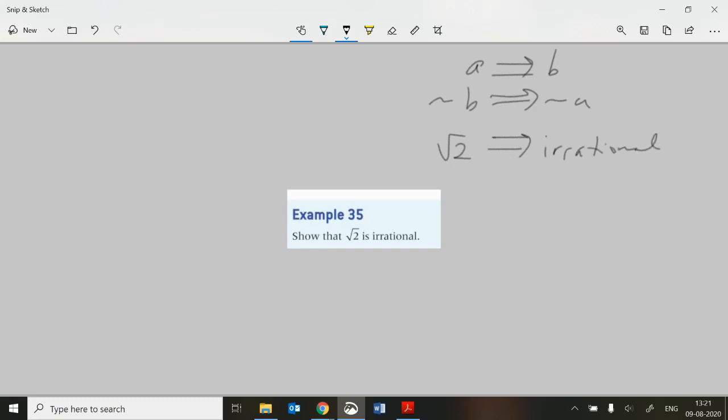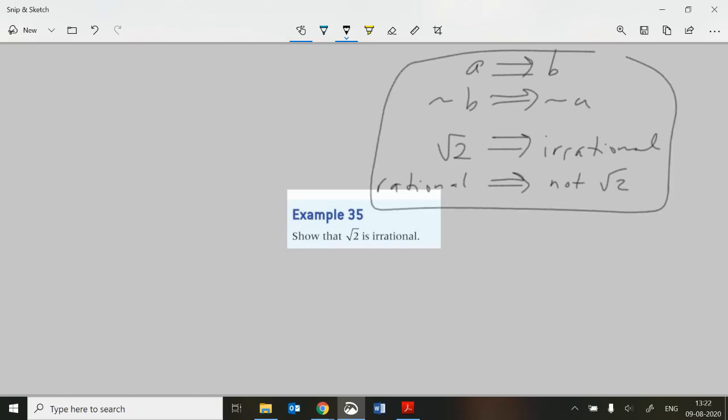And what we're going to attempt to prove is that if it is rational, if that's our assumption, then we should find out that it can't be the square root of 2. Okay, so I think that's the format which we're going to use, but this is perhaps a little less obvious in this situation, but I think the proof is relatively obvious as we go through.